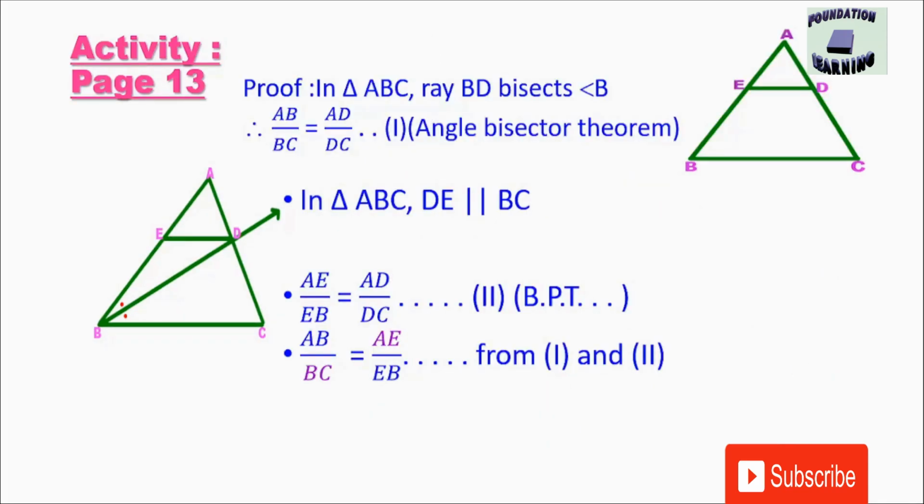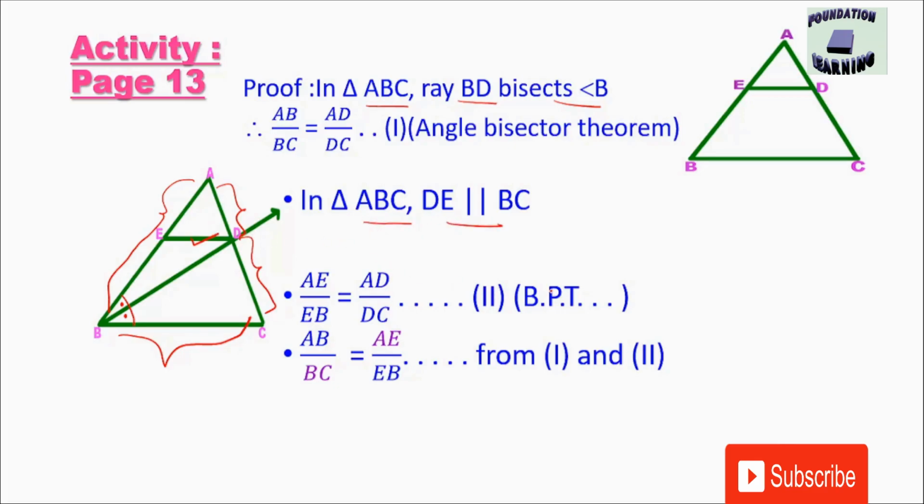We'll see once again the proof. In triangle ABC, ray BD bisects angle B. Therefore, according to the angle bisector theorem, AB is to BC is equal to AD is to DC. Okay. Now again in triangle ABC, ED is parallel to BC.